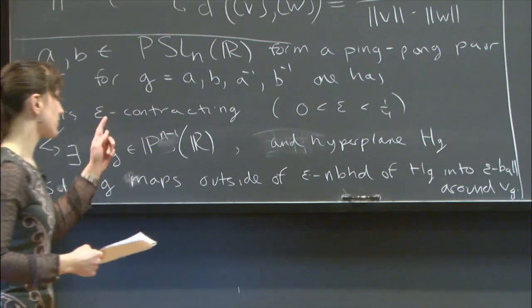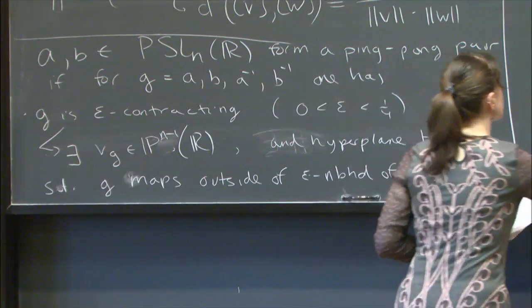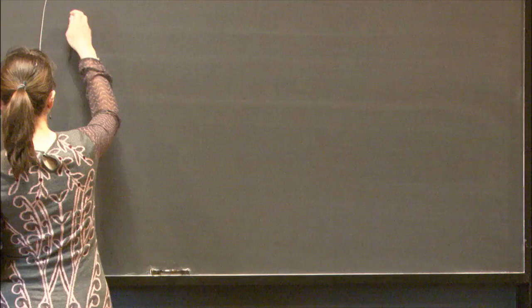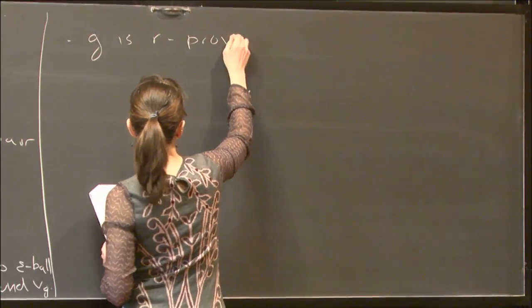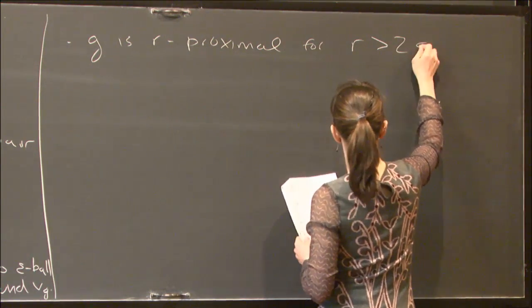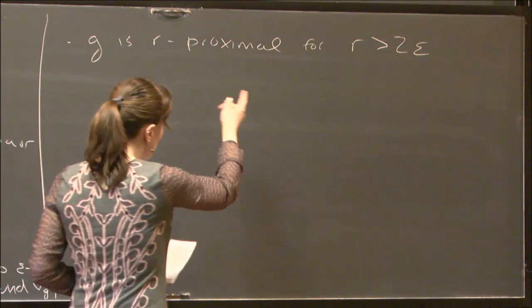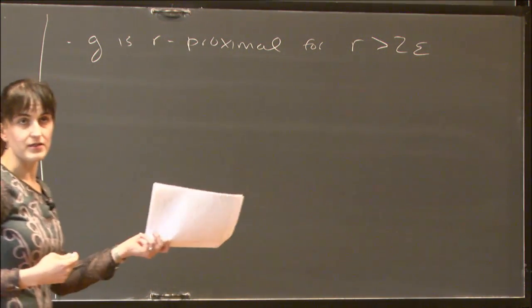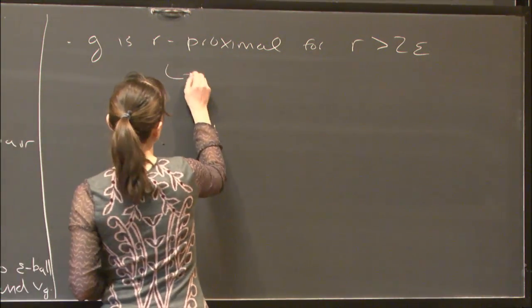You need this to be true for all of A, B, A inverse, and B inverse. And then you also need these to all be r-proximal for some r greater than 2 epsilon. What all this means is that the distance between this fixed point V_g and this hyperplane H_g is at least r.